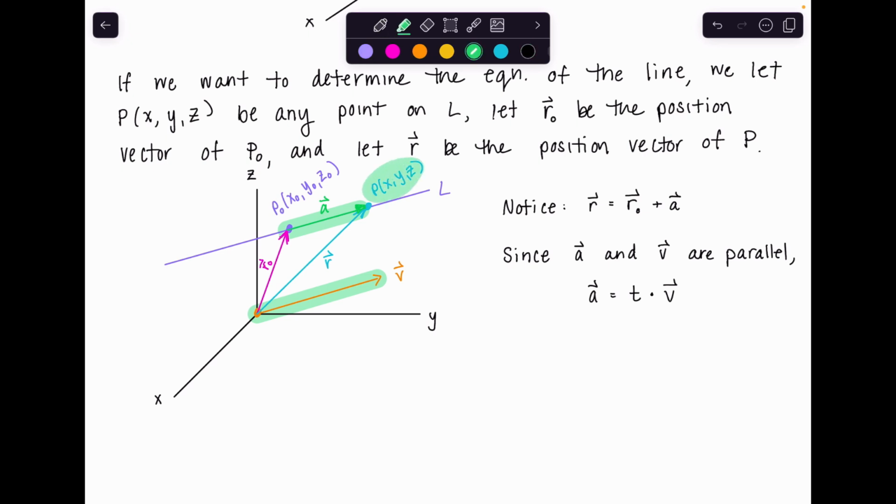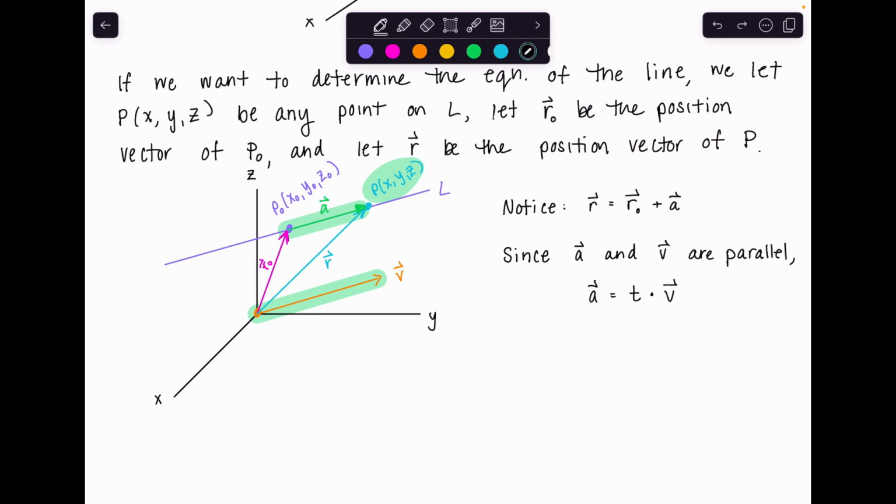Because again, P is some arbitrary point. So it could be my point is all the way back here and my vector a is going to be super long. It could be that my point P, if this thing continued, is all the way out here and I have to stretch it by a lot. Okay, so it's some arbitrary multiple of v.